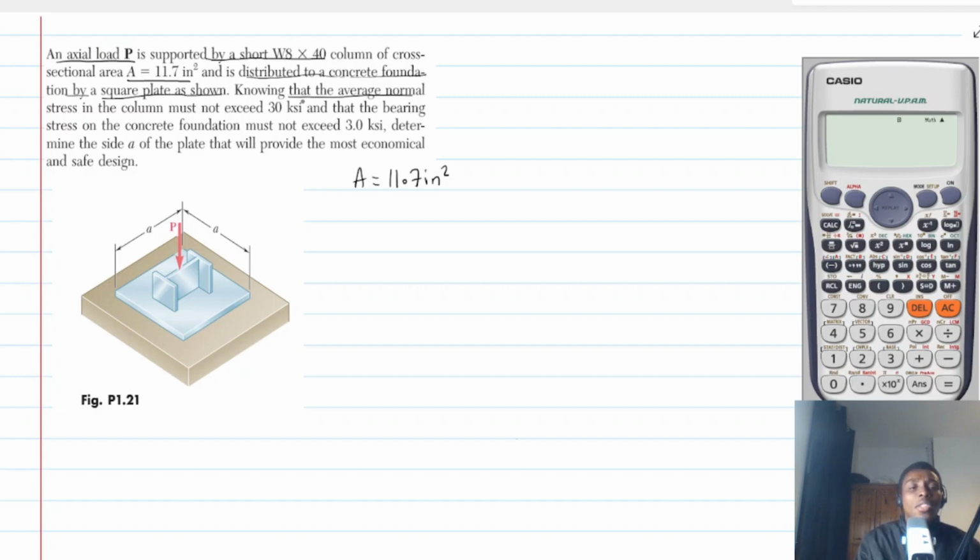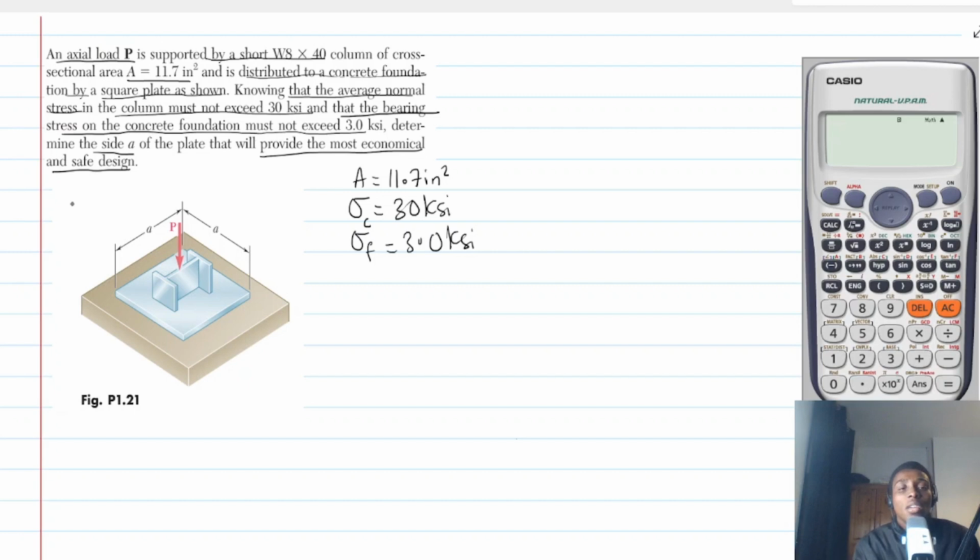Now, knowing that the average normal stress in the column must not exceed 30 ksi, and that the bearing stress on the concrete floor must not exceed 3 ksi, we are to determine the side A of the plate that will provide the most economical and safe design.